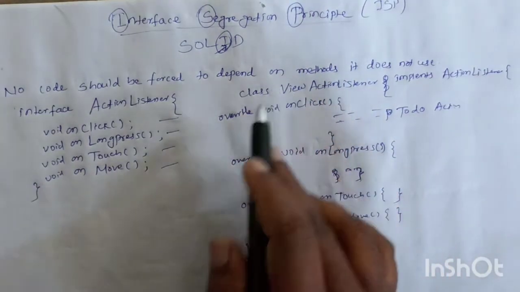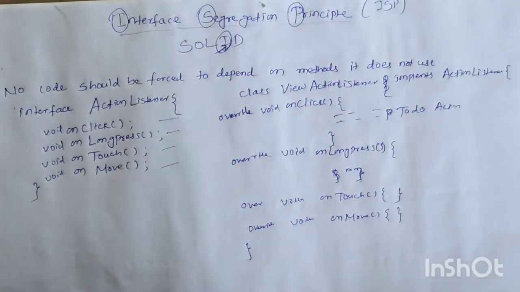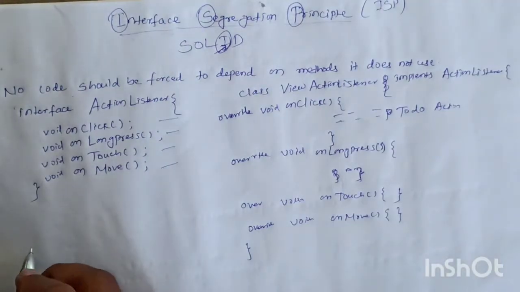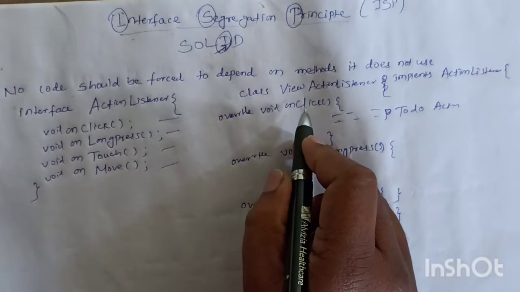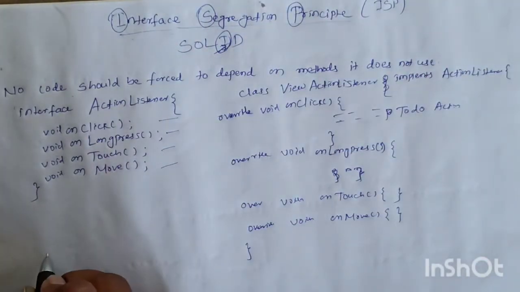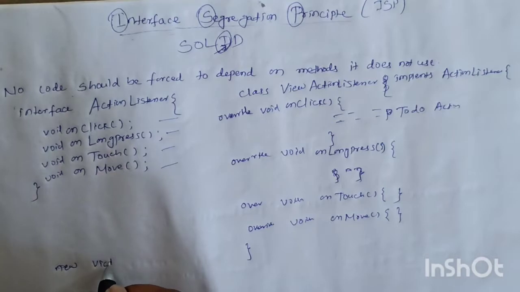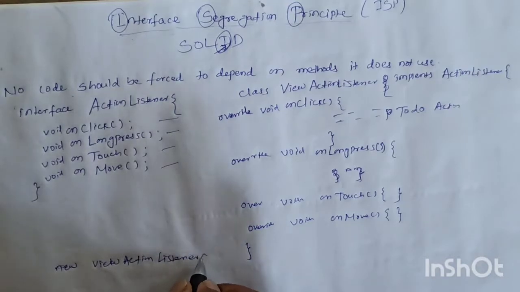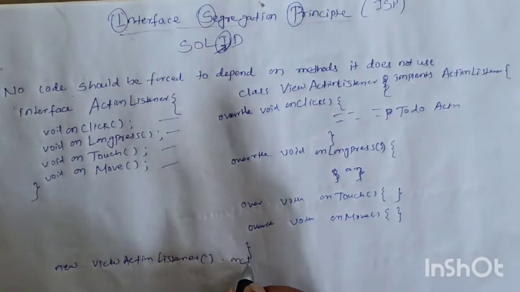That means in my requirement for the button, in my calling environment, I know that I will call only the onClick event. That is, it will be a new instance of ViewActionListener, then dot onClick.